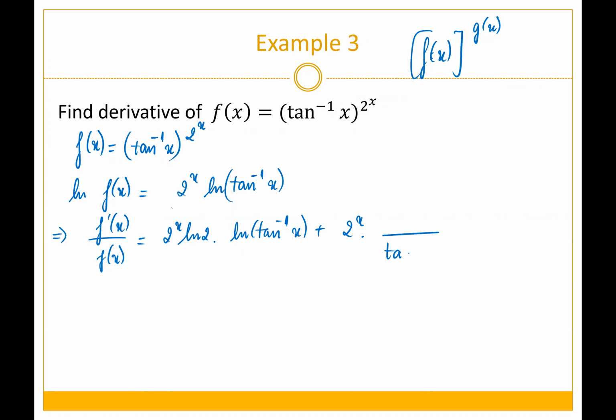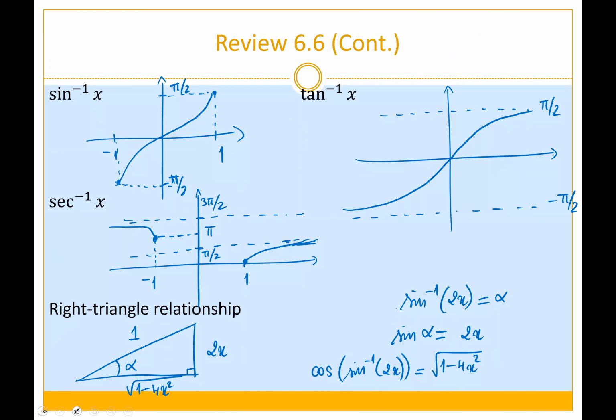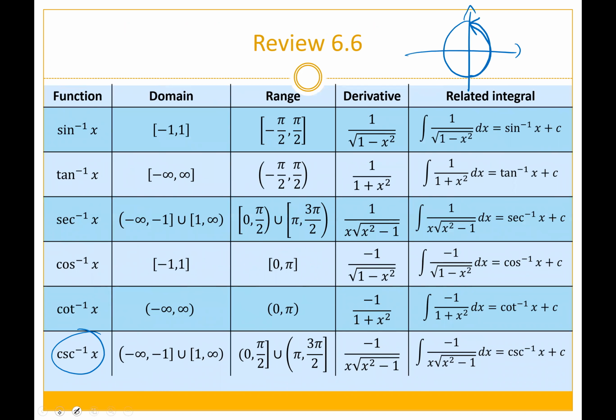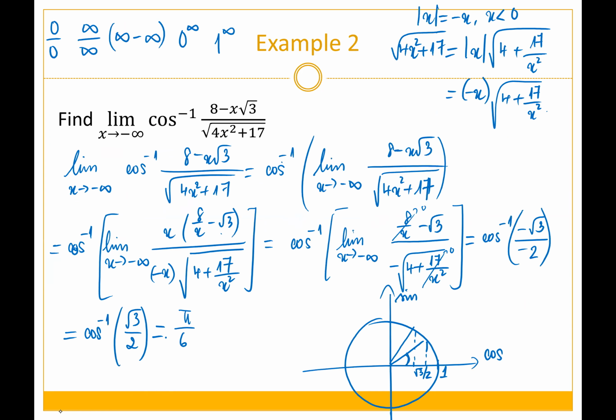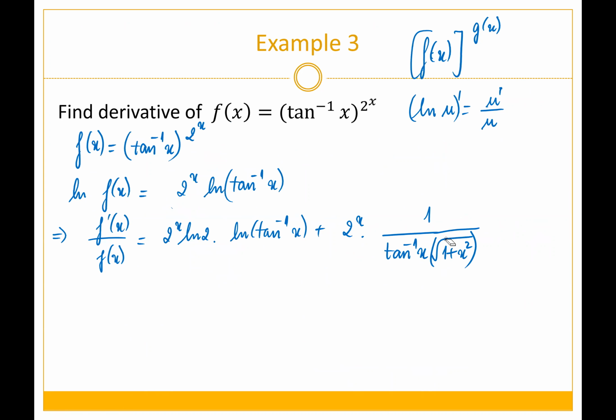The general form of the derivative of ln of u is u prime over u. So u here is inverse tangent, and u prime is what we're trying to work on, which is 1 over 1 plus x squared. Does it have the square root? I don't think so. Let me check it back. Sorry, I'm not remembering. Yeah, it doesn't have the square root, so we can ignore that part.